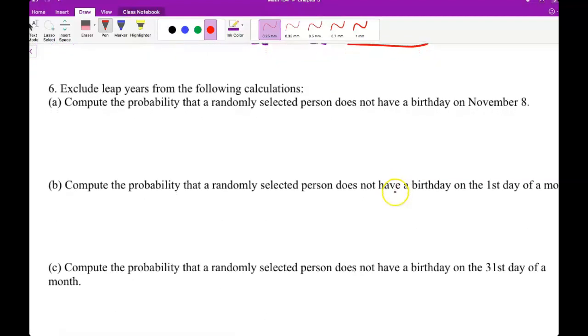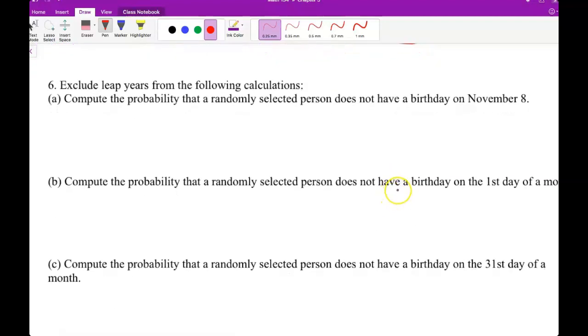Number 6. Exclude leap years from the following calculation. Part A. Compute the probability that the randomly selected person doesn't have a birthday on November 8. Finding the probability that it's not on November 8.